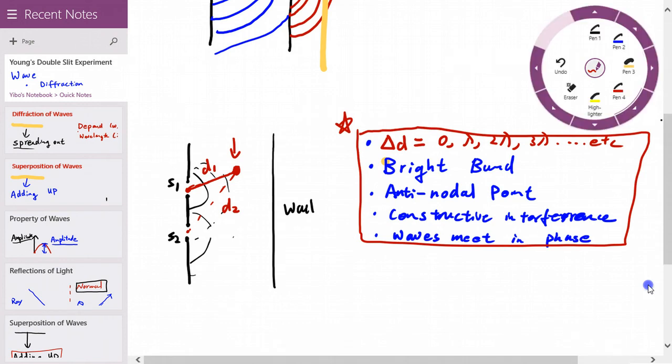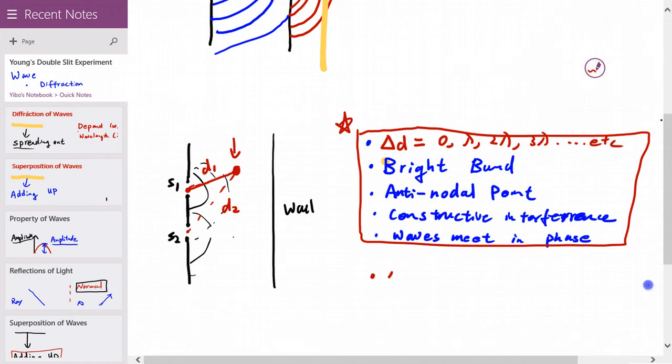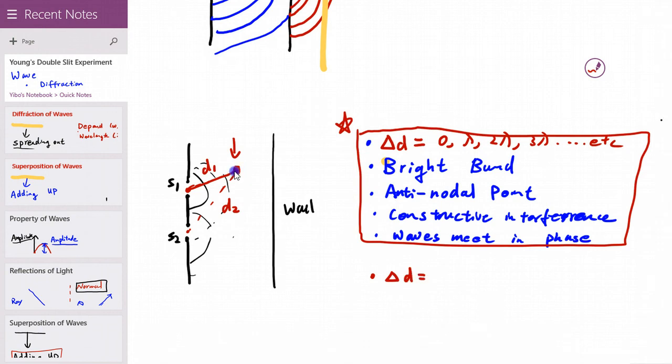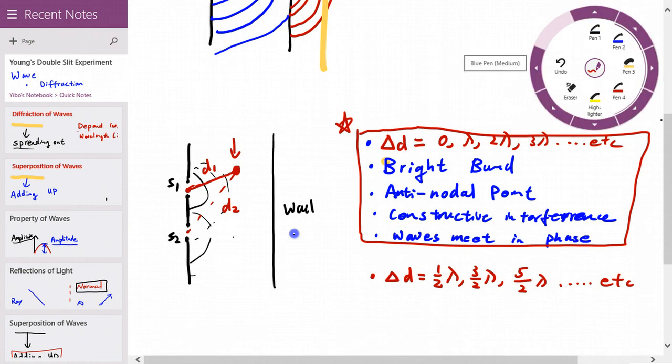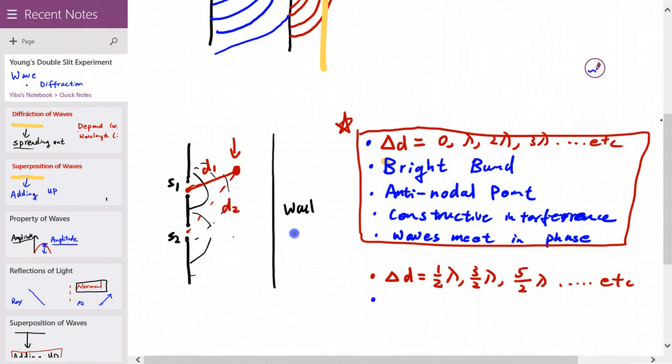Now, in contrast, if the difference between D1 and D2 is half a wavelength, or 3/2 wavelengths, or 5/2 wavelengths, etc., we discover that we have a dark band.